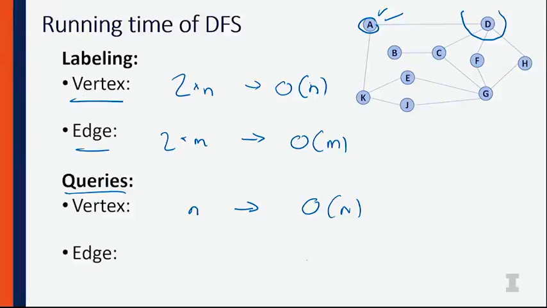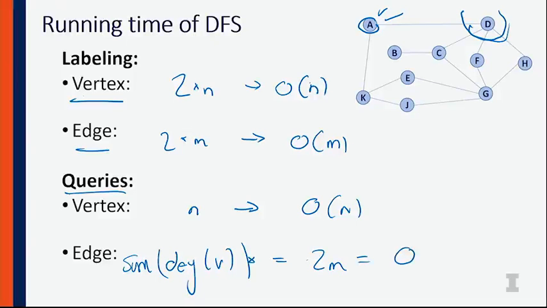So we know that potentially a vertex can have every single edge connected to it. But we have a mathematical way to say it's actually the degree of v every single time. So we have degree of v for every single one of our vertices. We know we're going to visit every single one of our vertices. So we know that this is the sum of all of the degrees of v. The sum of all degrees of v is equal to 2m, which is equal to O of m.